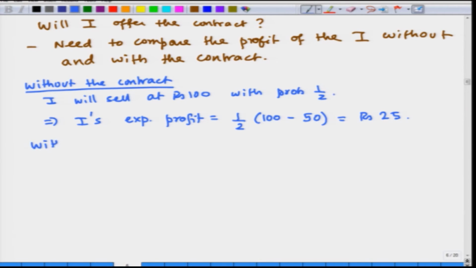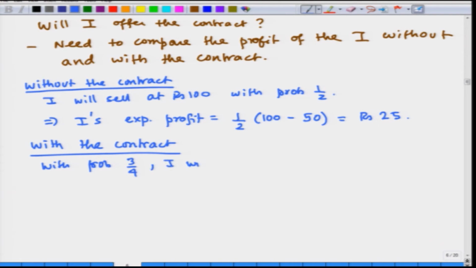With the contract, what happens? So, with probability 1/4 the entrant will enter. So, with probability 3/4 the entrant will not enter.